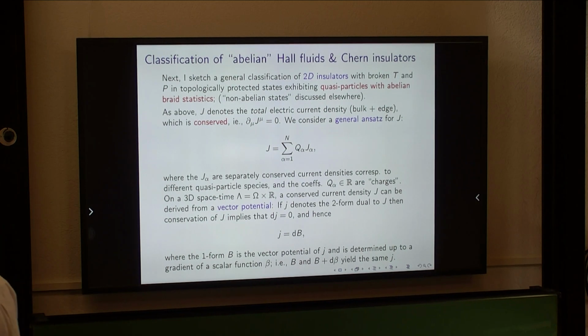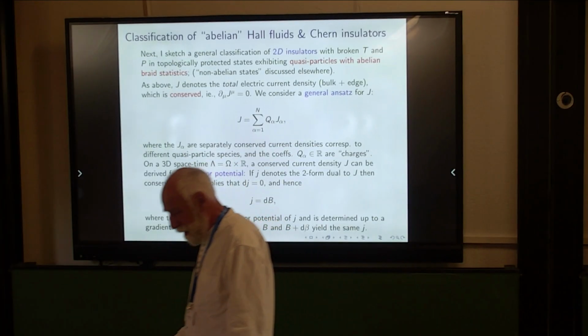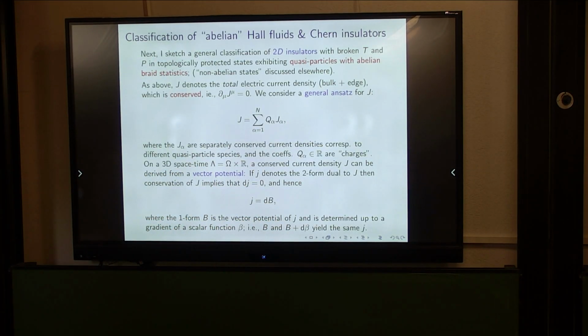I just say, well, the current density J might just be a linear combination of capital N independently conserved currents. For non-interacting electron gases, these are the current densities that refer to individual Landau levels.